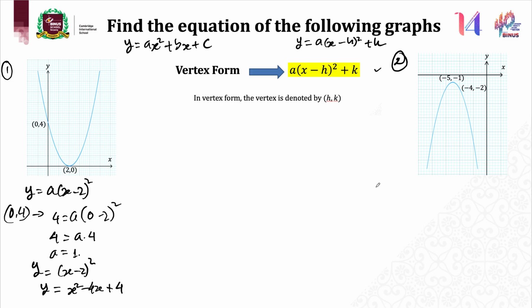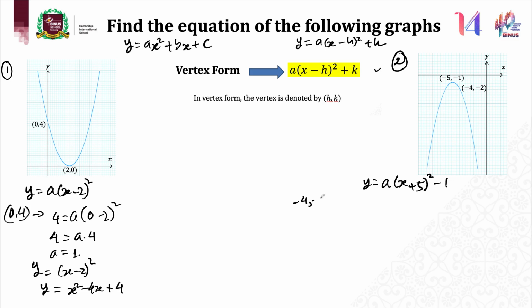For the second one, you begin with the vertex form a times x minus h, but in this case negative 5 comma negative 1, right? So x plus 5 squared, correct? And then minus 1, right? Correct. So another point that is also on the graph is negative 4 comma negative 2. So what should we do?